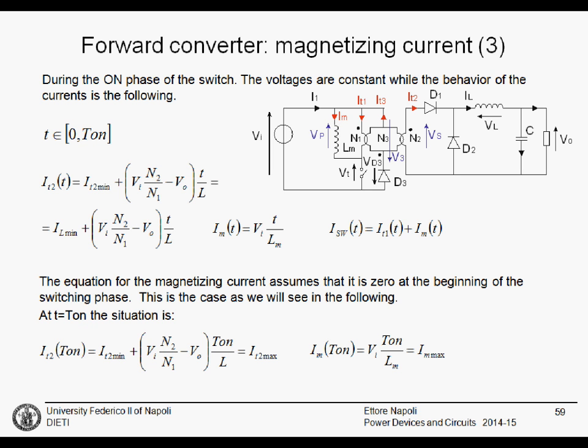We then try to derive the behavior of the currents. We are assuming that we are in the on phase, that is, the time belongs to 0 to the t on time instant.